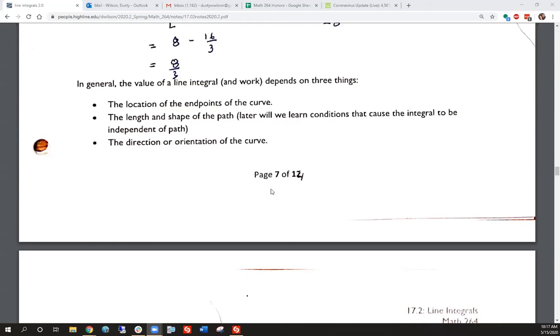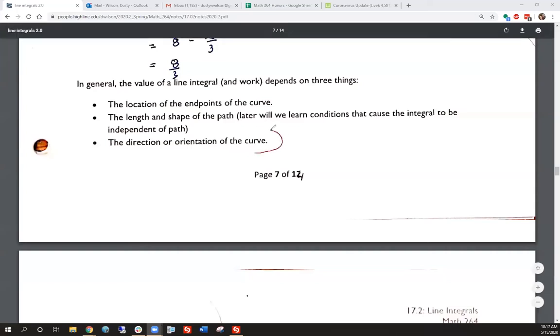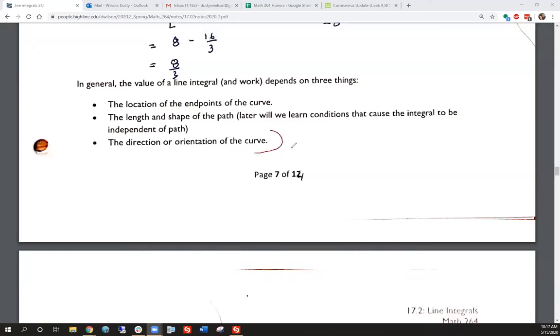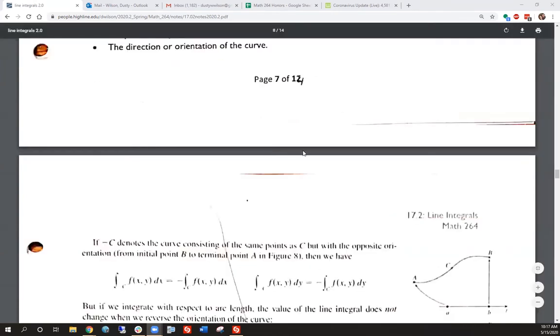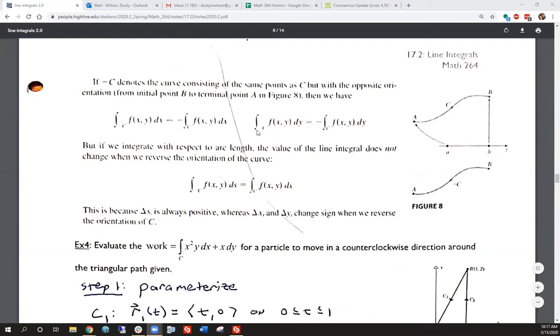And then it will also depend upon the direction or the orientation of the curve. We'll talk a little bit about this orientation later on today, but the short version is, if you go the opposite direction, you'll get the opposite sign in the work.